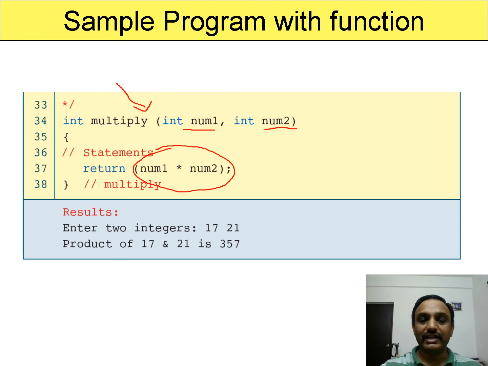Once you return this value, control goes to the function calling place. That value is assigned to the product and you are printing that product. Observe here, you are sending two values 17 and 21. The product of those two, 357, is printed. So this is the introduction to the functions. Thank you.